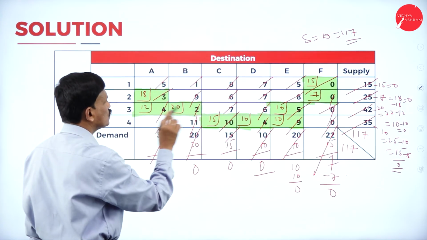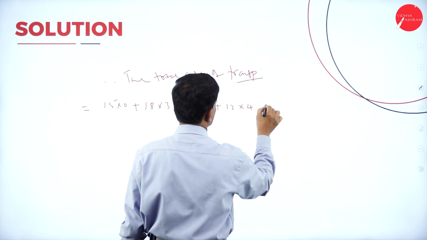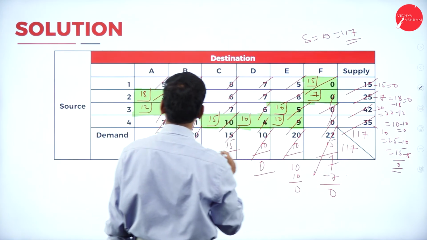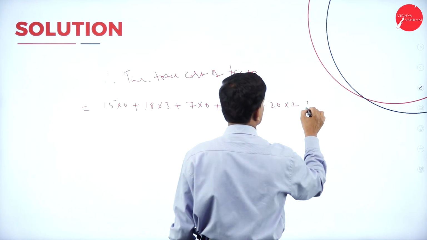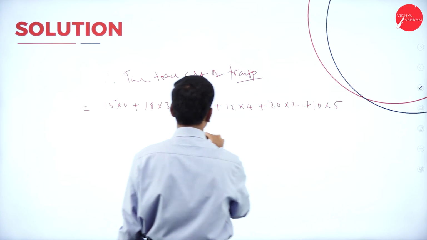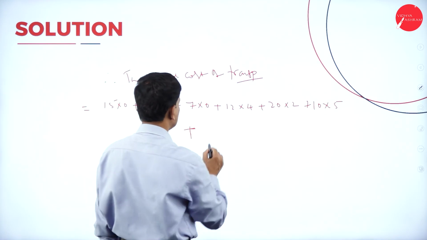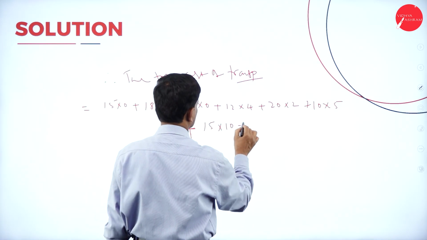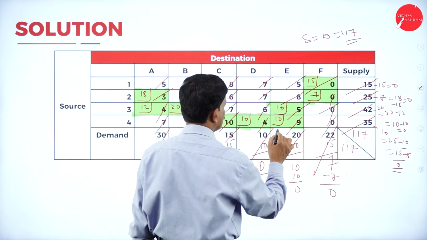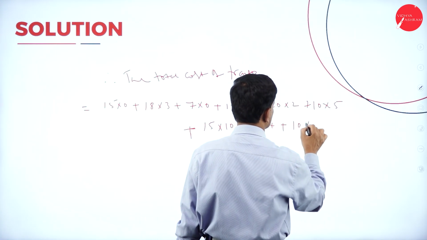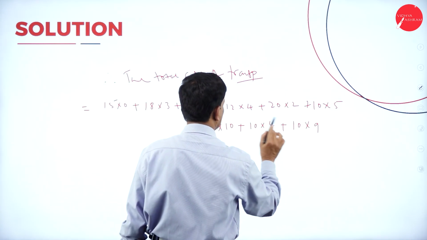Next, second row, third row: 12 into 4 plus 20 into 2 plus 10 into 5, plus 15 into 10, plus 10 into 4, plus 10 into 9. These are the 9 values.